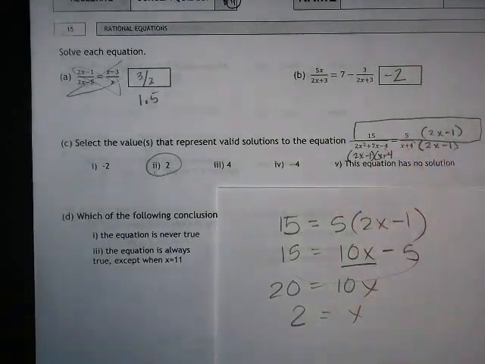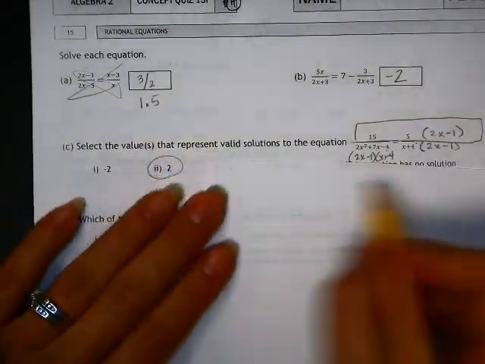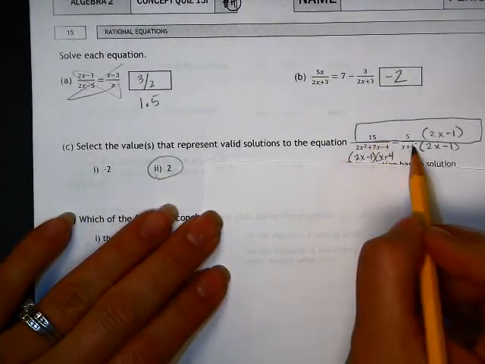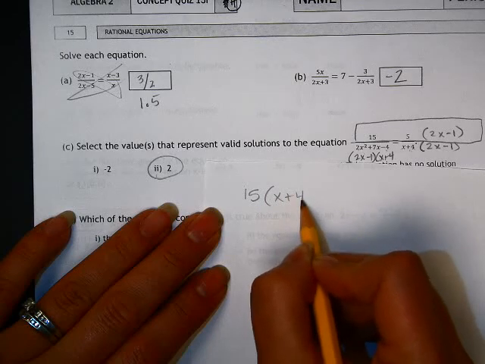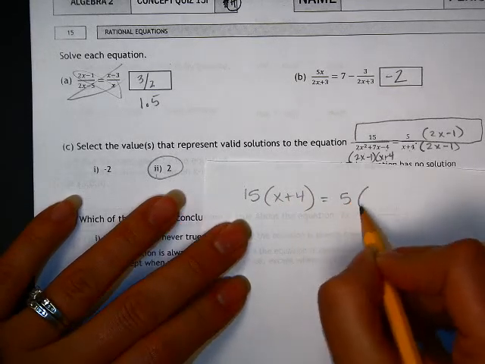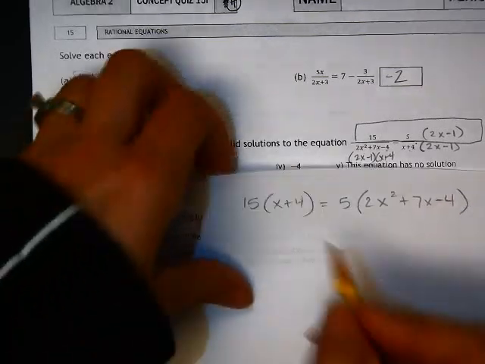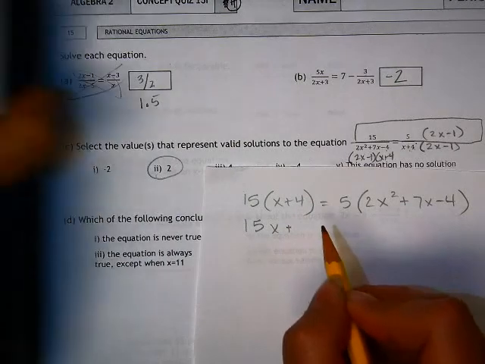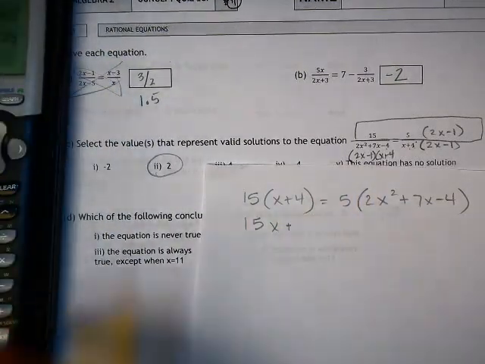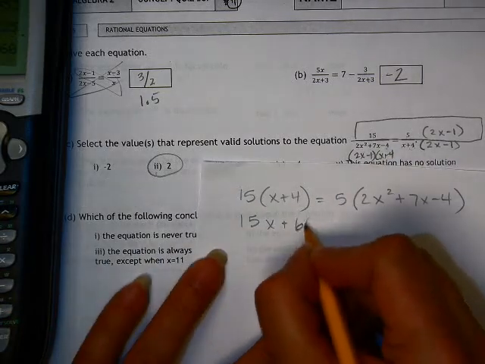If you cross multiply these, let's look at it. You would get 15 times x plus 4, and you would get 5 times this. And you would distribute. Why is my brain not working? 4 times 15 is 60.